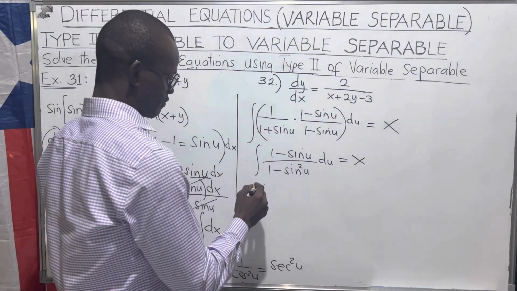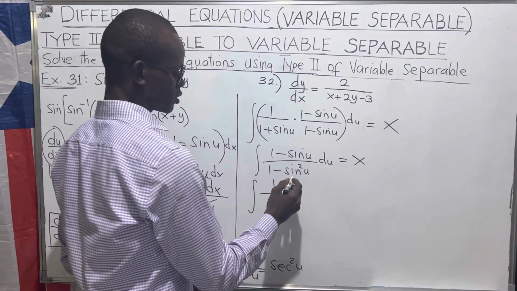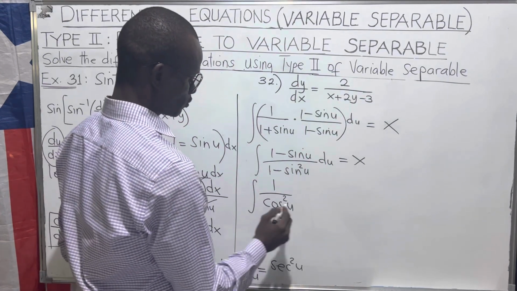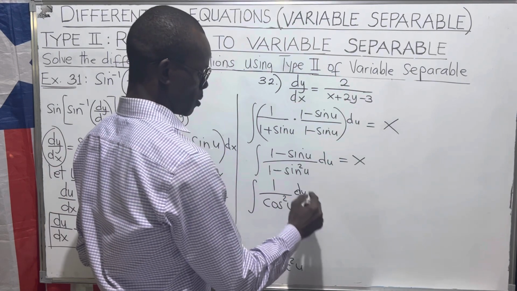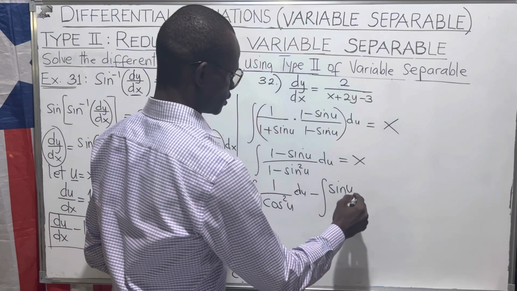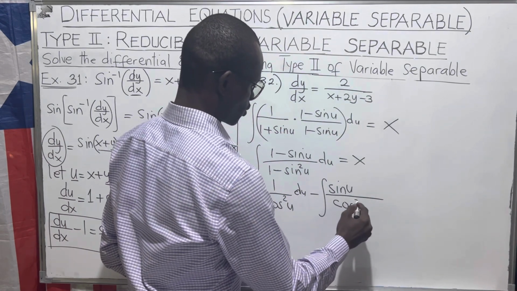So we have the integral of 1 all over, now this 1 minus sine square u is equal to cos square u, so 1 all over cos square u du, minus the integral of, since we took them separately, sine of u all over cos square u.